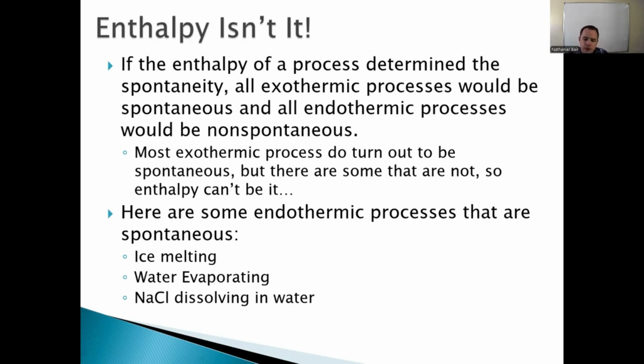Well, the other thing that's at play is this second thermodynamic factor called entropy. And entropy is the measure of randomness or disorder in a system. If you stop and think about each one of these events, the molecules are having an increase in entropy. They are becoming more random and more disordered. Why?